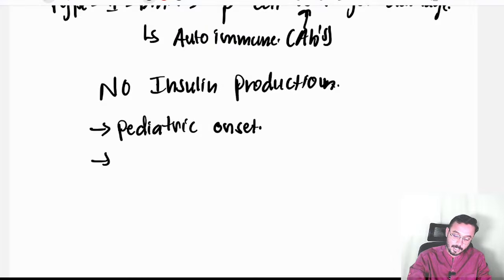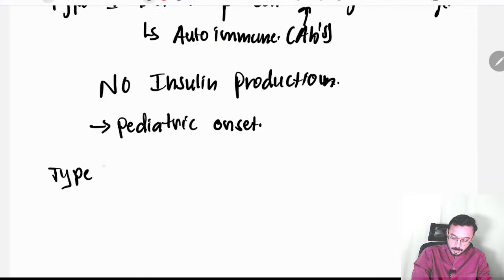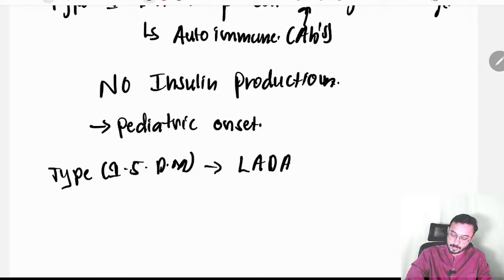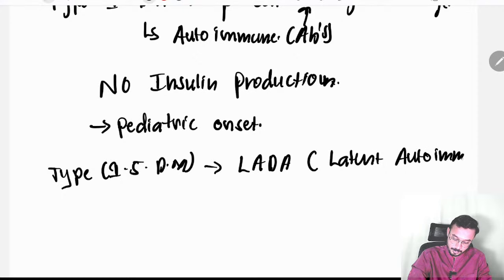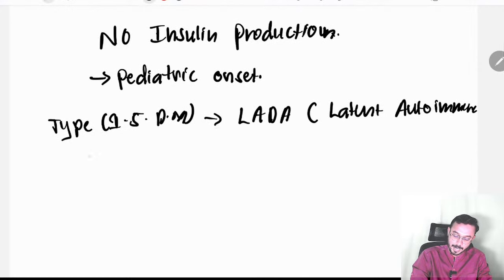In adults also, some autoimmune diabetes is present, known as type 1.5 diabetes mellitus. This is also known as LADA, latent autoimmune diabetes in adults.